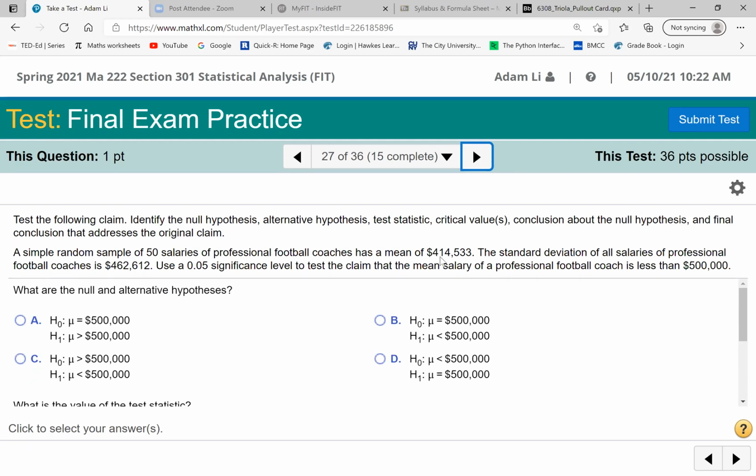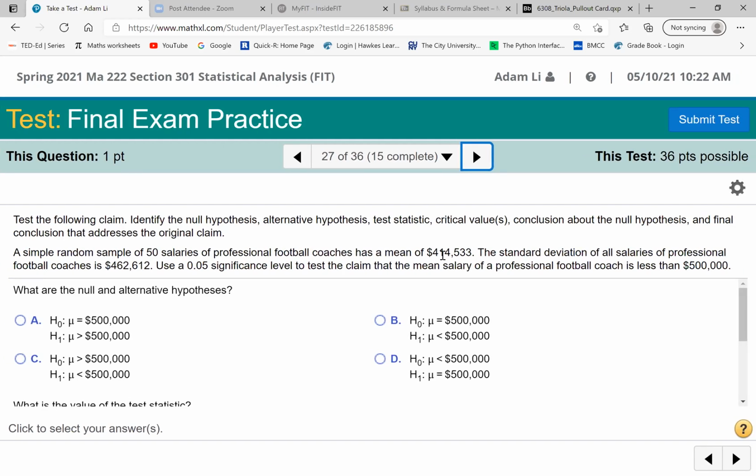Professional football coaches have an average salary of $404,533. The standard deviation of all salaries of professional football coaches is $462,612.